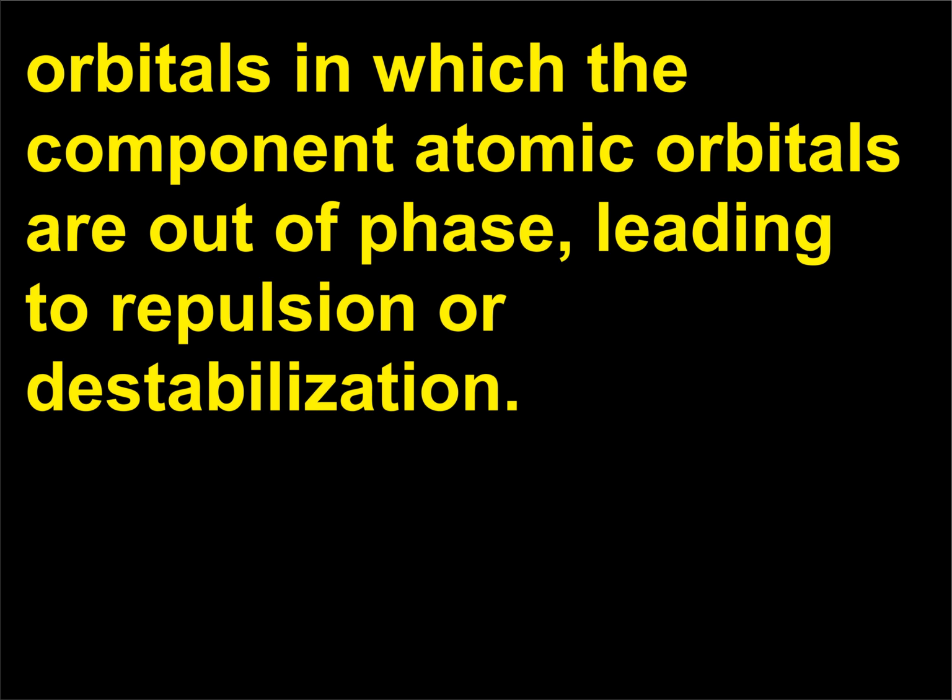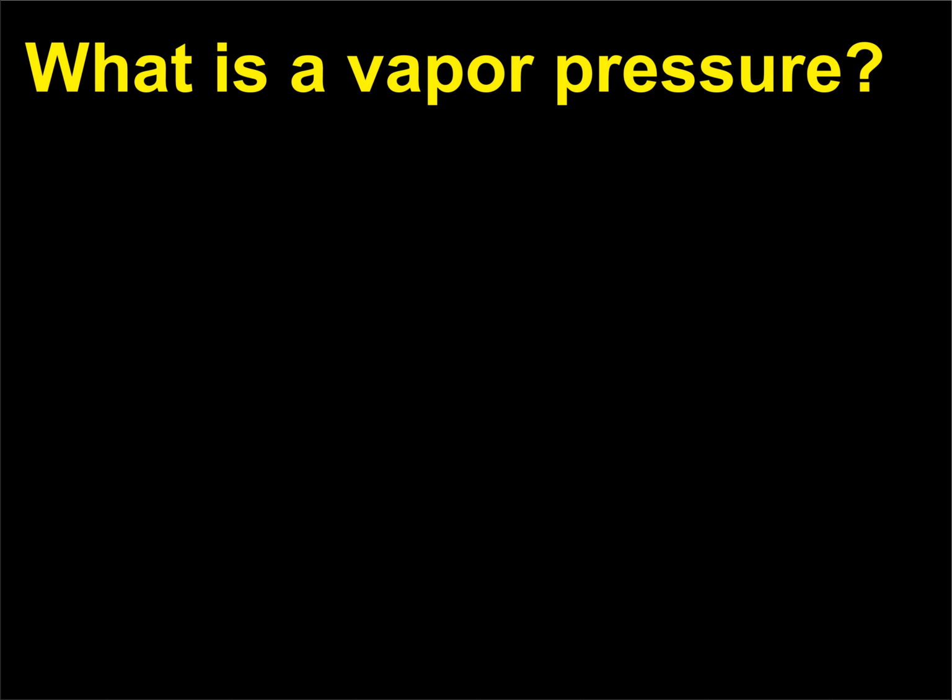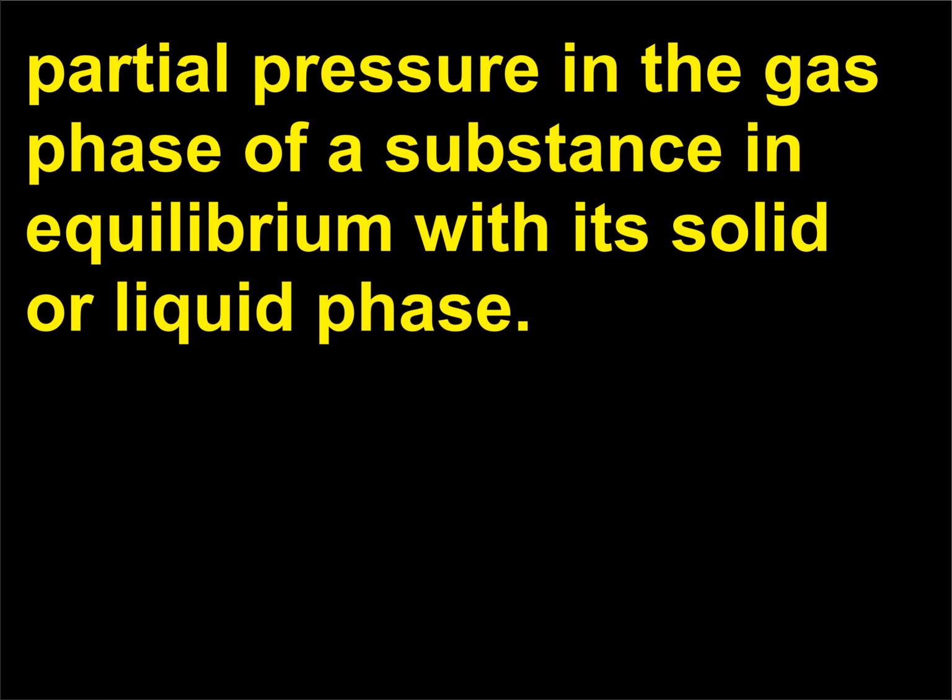Orbitals in which the component atomic orbitals are out of phase, leading to repulsion or destabilization. What is a vapor pressure? Partial pressure in the gas phase of a substance in equilibrium with its solid or liquid phase.